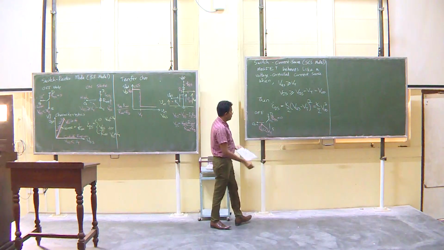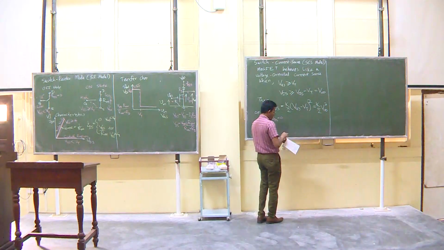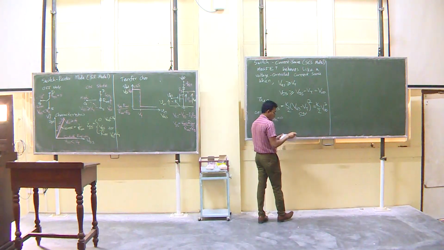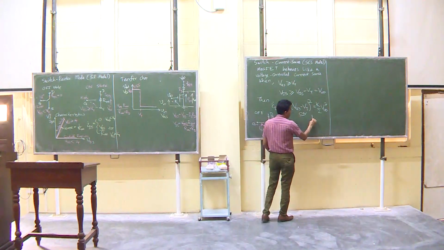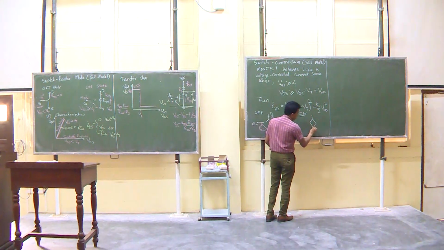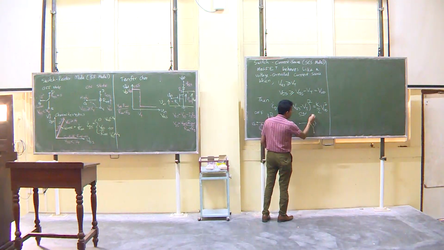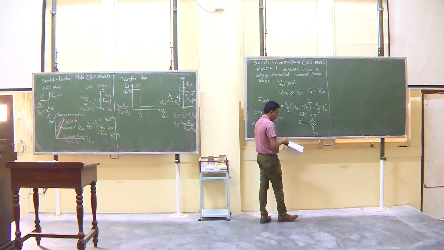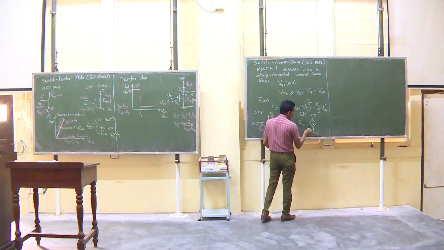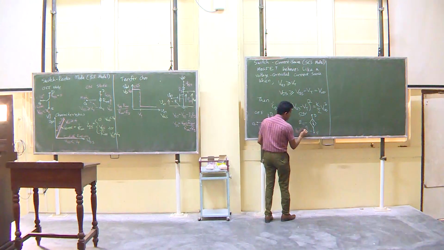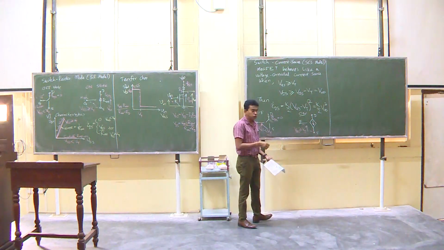On state, now we have a current source, and this voltage is VGS, which is greater than or equal to Vt, as the input voltage.